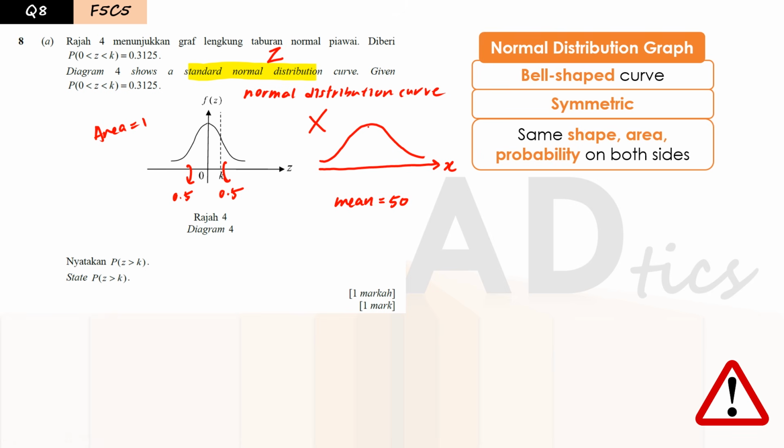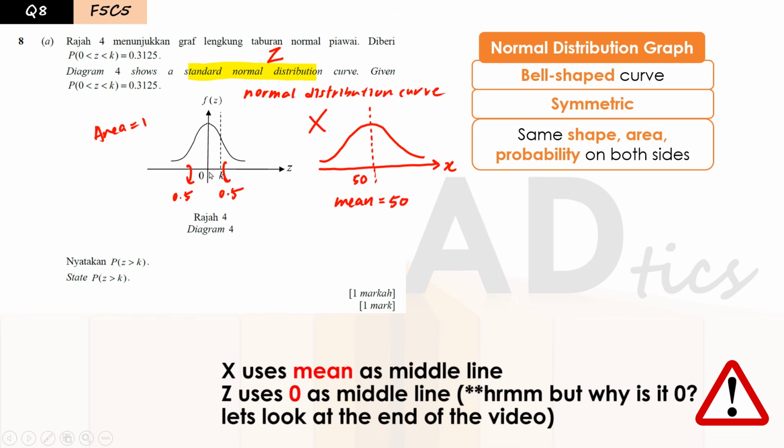The middle line of the curve will use the mean. But the standard normal distribution will always use 0 as the middle line, while the normal distribution curve uses the mean as the middle line. So this is the main difference between these two curves.